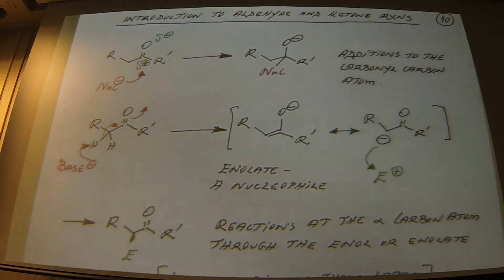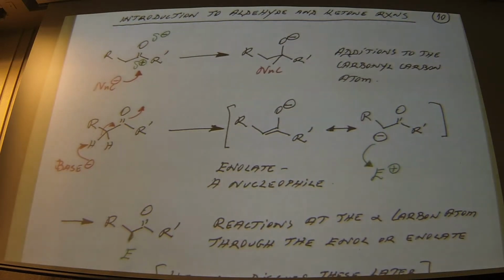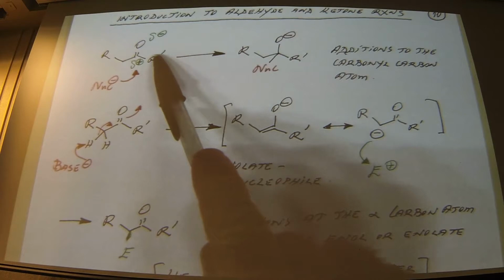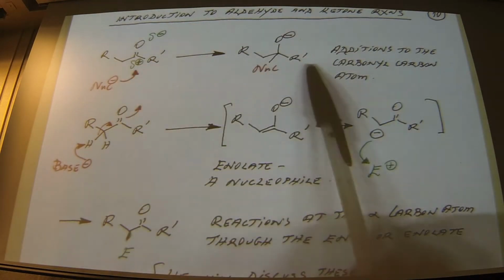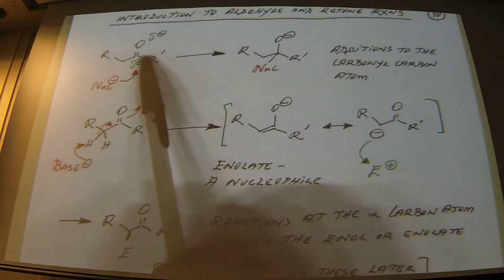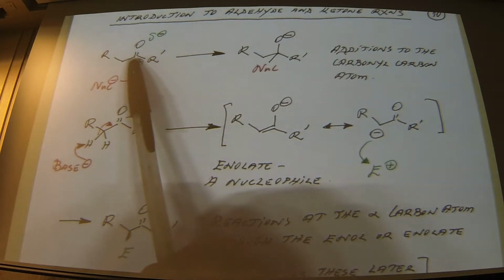Okay? And that tertiary alkoxide can be protonated in the workup, and I end up with a tertiary alcohol. And if it's an aldehyde and this is a hydrogen, then it's a secondary alcohol and so on. So that's one kind of reaction. Okay, so we take advantage of the electrophilicity of the carbonyl carbon.